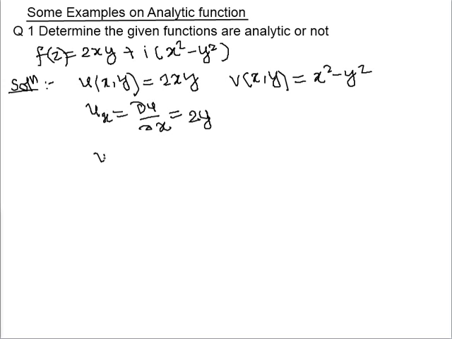Similarly, u y means del u upon del y. Differentiating partially with respect to y gives 2x. Now we go for the v function. v x, partially differentiating v with respect to x, gives 2x, and v y, partially differentiating with respect to y, gives minus 2y.